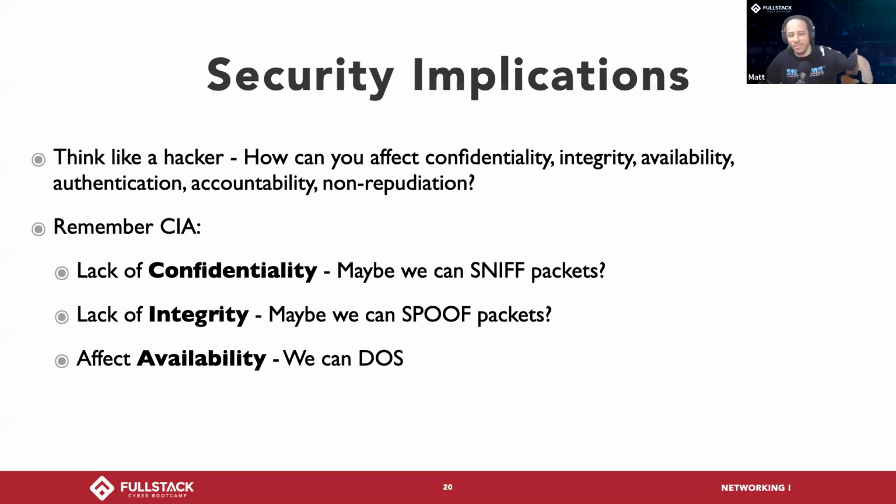Who's to say, why can't I do that? Of course I can. And then availability, making sure that the resources are available when they need to be. I can do denial of service attacks on things. I can cut wires at layer 1 and then do denial of service that way. There are different layers of the OSI model that I can attack. And that's what I want us to be thinking of as we're going through this.